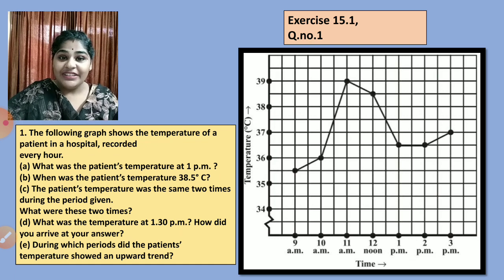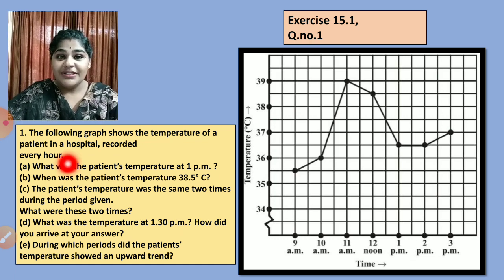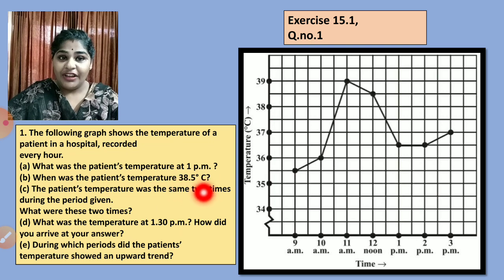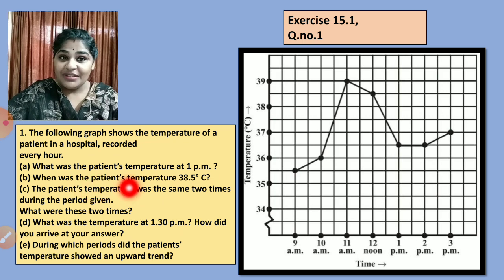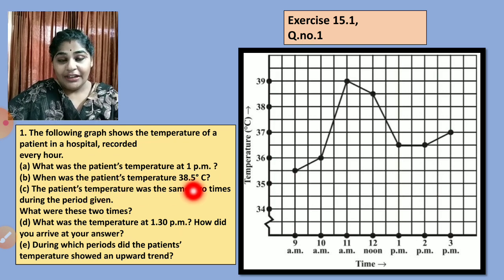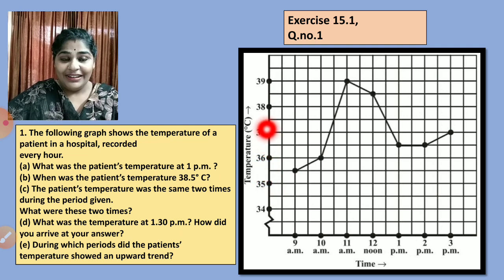Let us move ahead with the second question. When was the patient's temperature 38.5 degrees Celsius? So let us come here on the y-axis. This is 38 and 38 point 5 will be the next line.